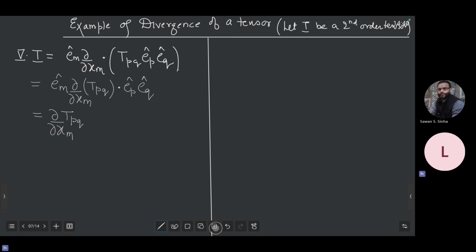Okay, so this part is straightforward. Now there is a dot product, but 3 unit vectors. Who all are going to participate in this? The nearest ones, right? EM and EP by rule. And what is the other unit vector going to do?